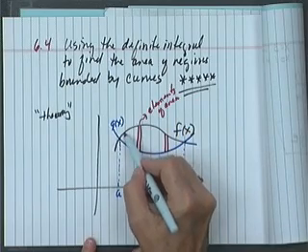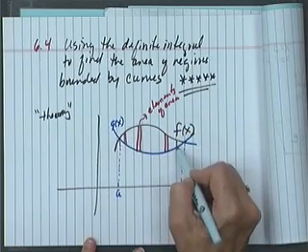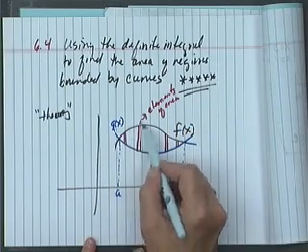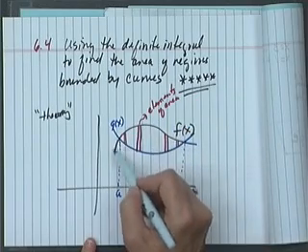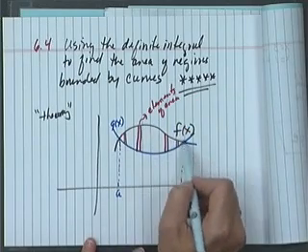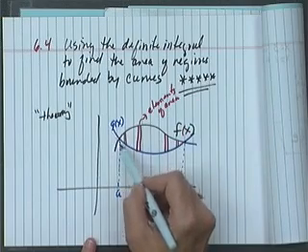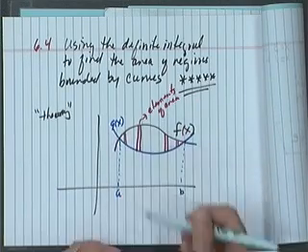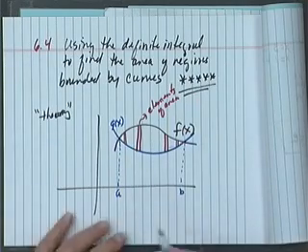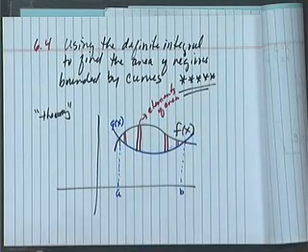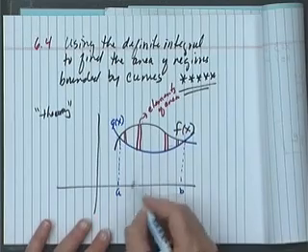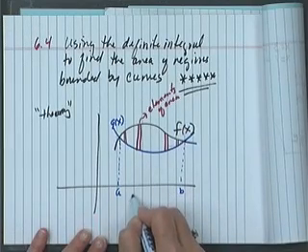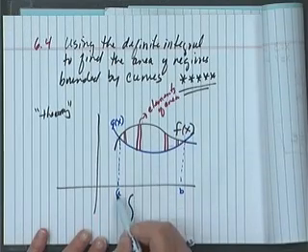And no matter where I put a little element of area, a little rectangle, the top curve is always the black one in this case, which is f of x, and the bottom one is g of x. Okay, so to find this area, I bet every one of you could tell me what to do. What would it be? Summing up from where to where?